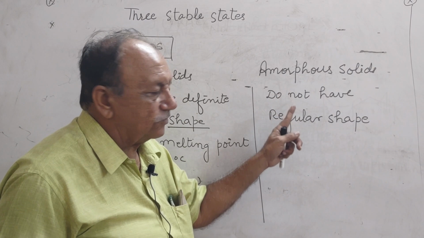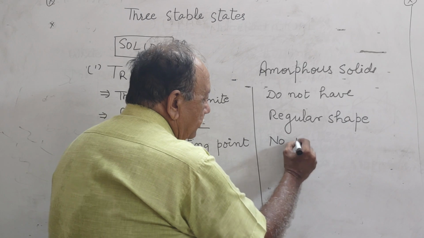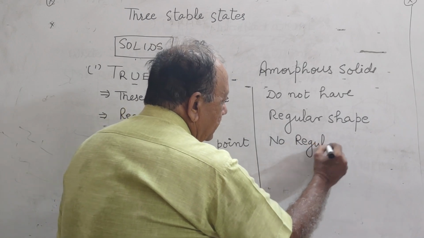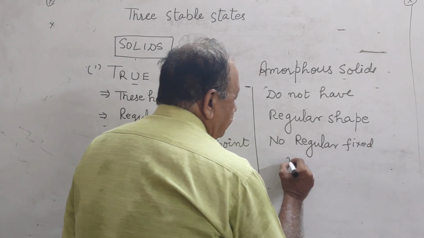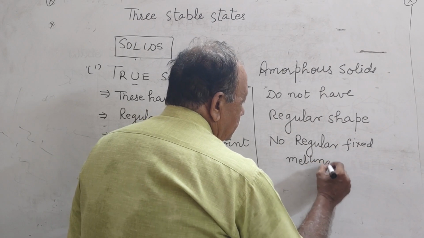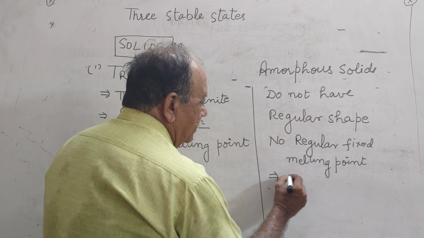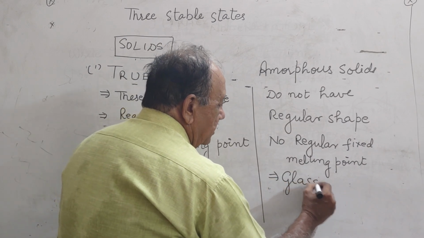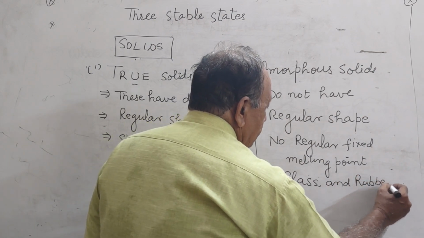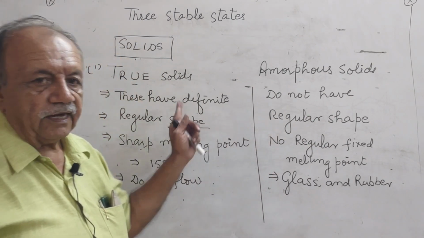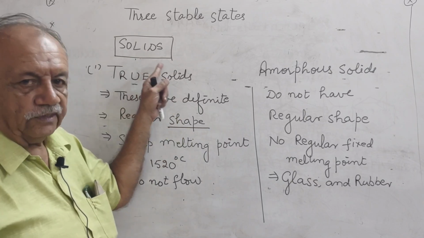Amorphous solids have no regular fixed melting point. The simplest example is glass and rubber. We will discuss the details further later. It is a basic introduction of solids.